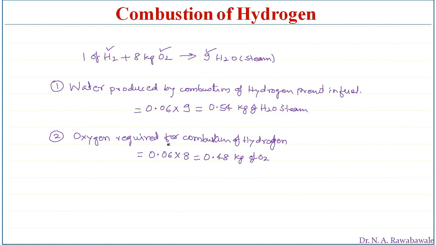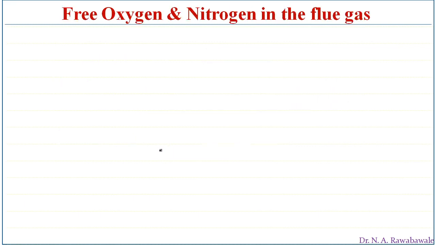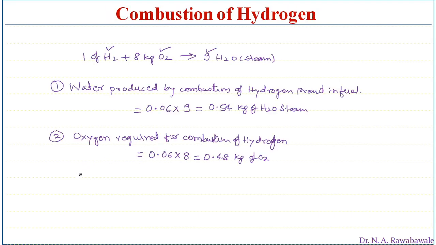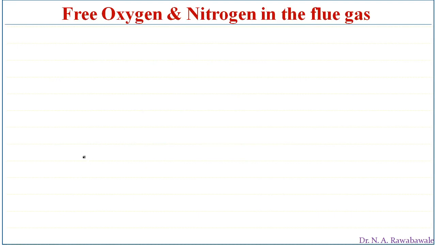Now, the actual air supplied is 18 kg, so how much oxygen does it contain? Next we will see the free oxygen present in this air. Actual air supplied is equal to 18 kg, which is given in the problem.